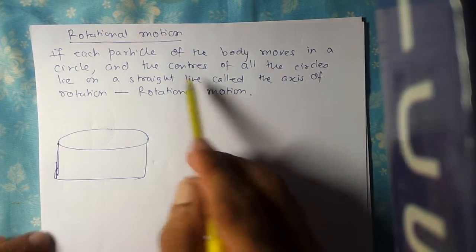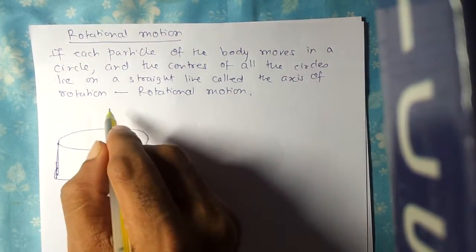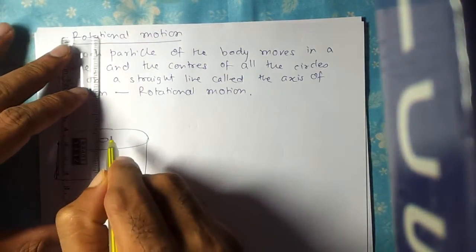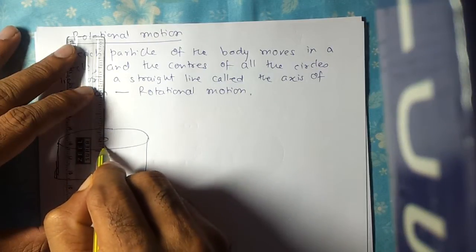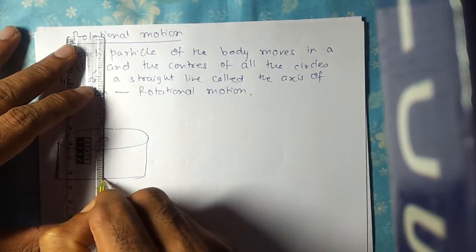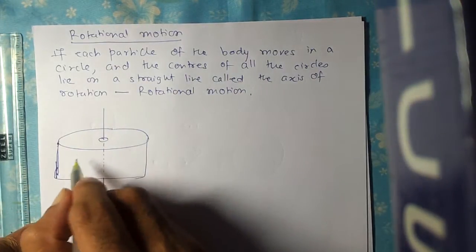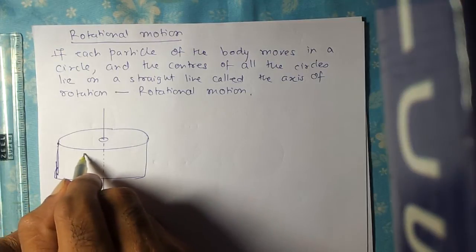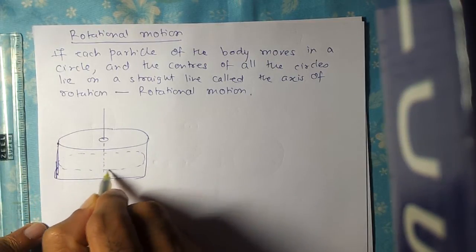So let us see what this actually means. Let us say this is an object which is performing rotational motion, and let us say this is the axis of rotation, this is the center. Now if I look at any particular particle in this, I can draw a circle, which is a part of this particular body.